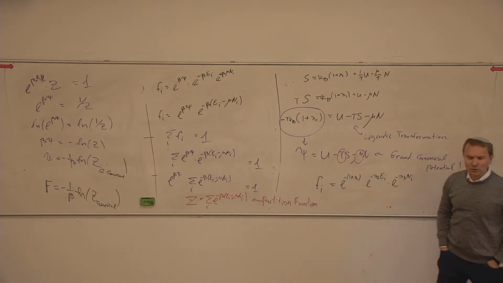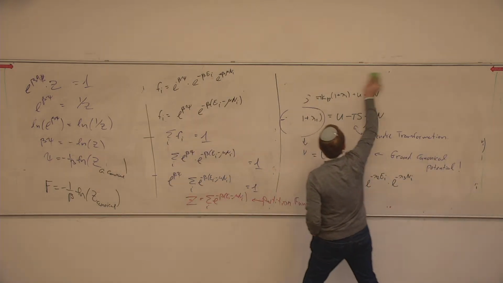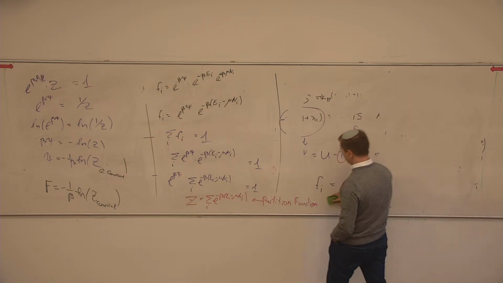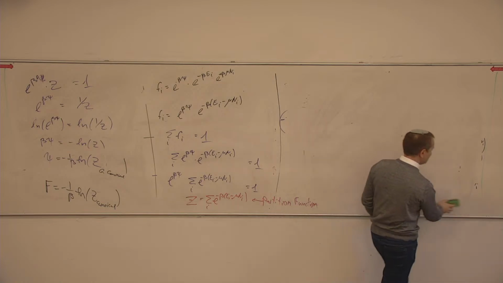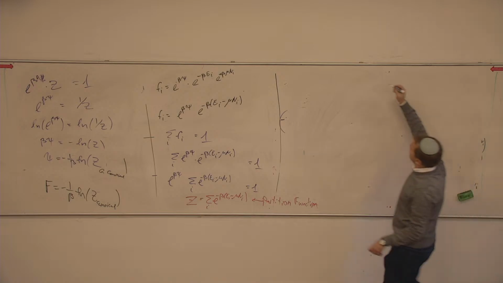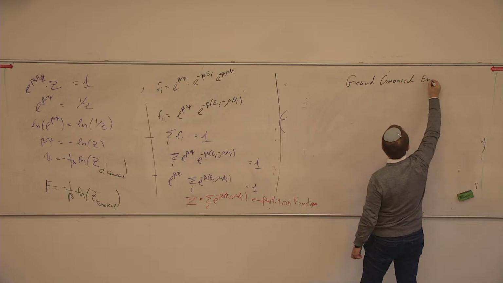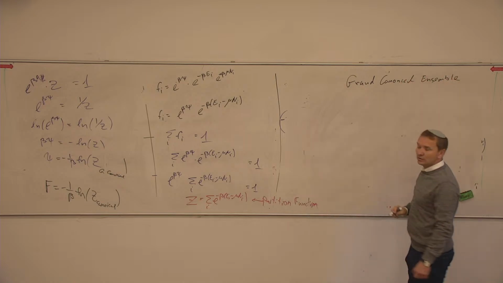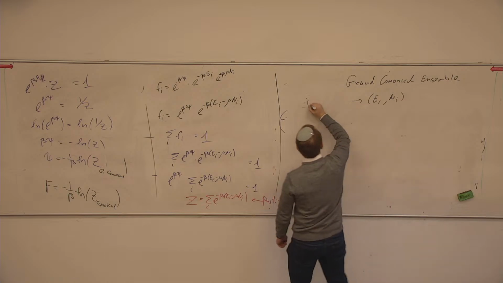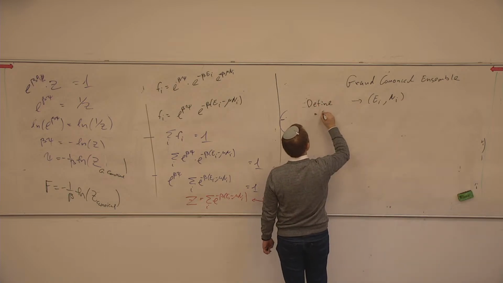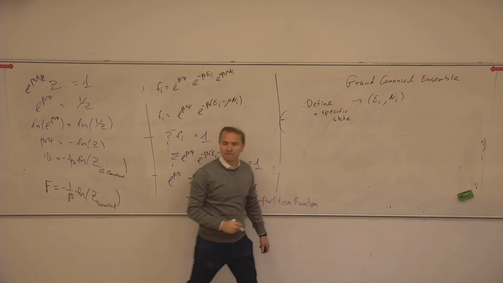But the only thing that you need to remember, and we can summarize everything, is: if you have a grand canonical ensemble, or basically a system that can exchange particles with the outside world, you need the following. Ei and Ni define a specific state. You need both of them.